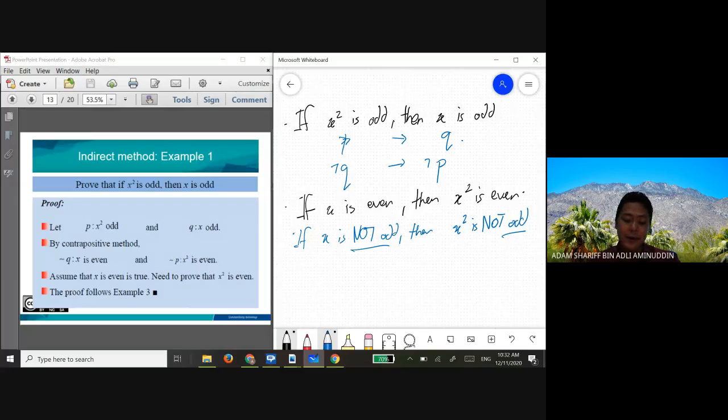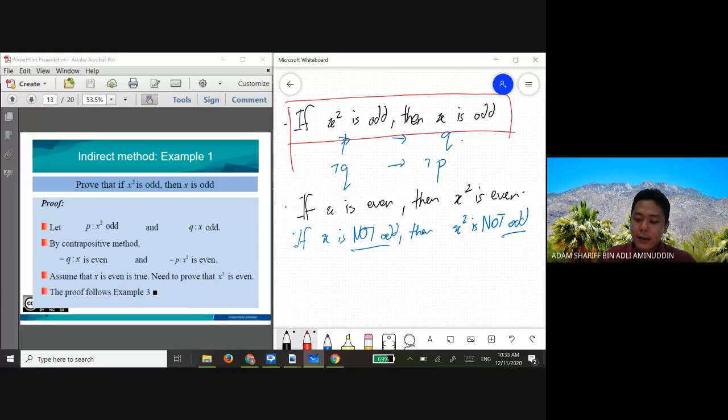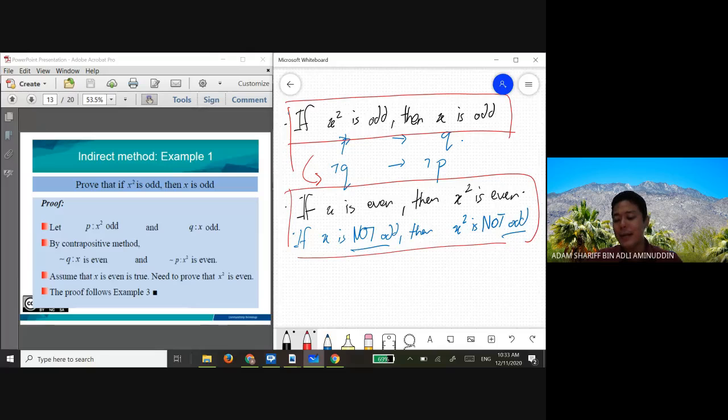So that's why your friend just now answered directly, if x is even. Because if a number is not odd, then it is even. So instead of trying to prove the first one, you change it into the contrapositive form, you actually need to prove the bottom one. Bunyi dah lain. Kita buktikan benda lain sebenarnya.